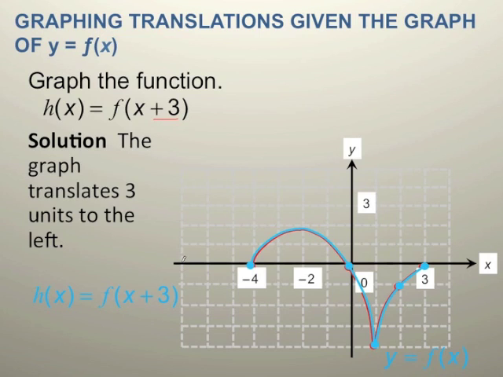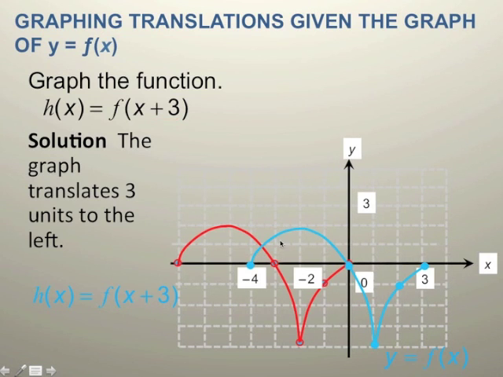Adding 3 will move it 3 to the left. So 3 to the left for each point. Let's see what happens when we actually do that. This is what it looks like when we've moved it 3 to the left.